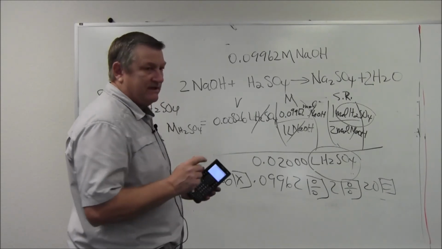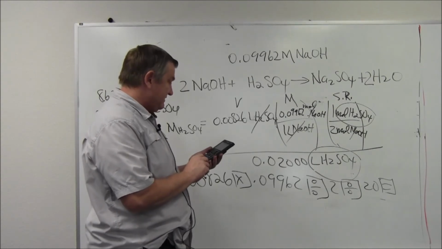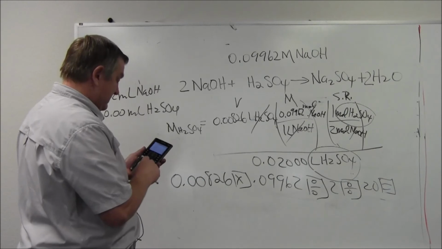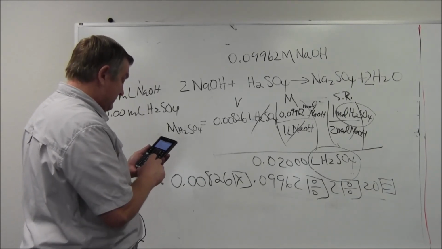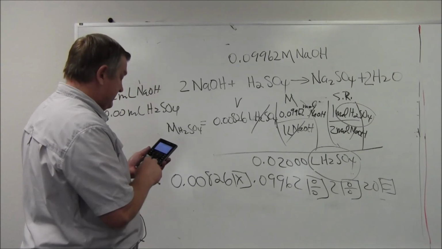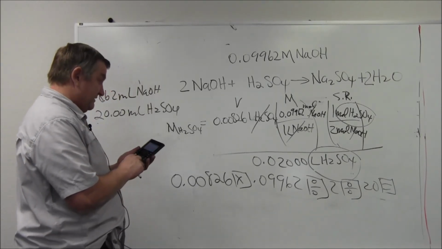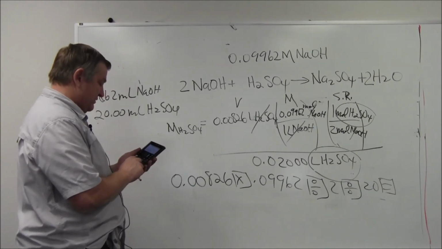And I got to do that again. I pushed it wrong. My answer doesn't make sense. 0.00826 times 0.09962 divided by 2 divided by 0.02.